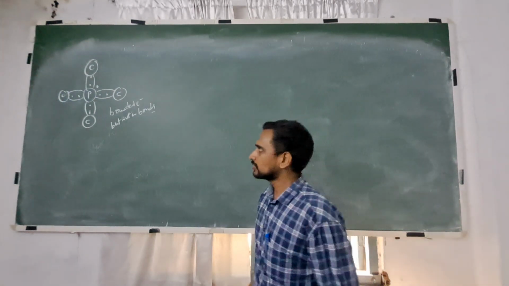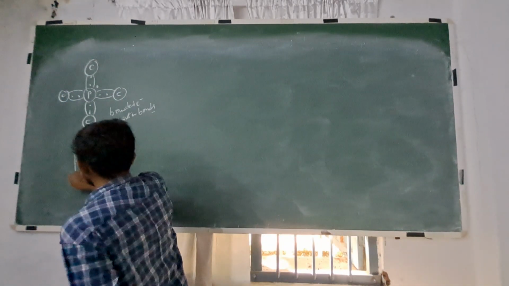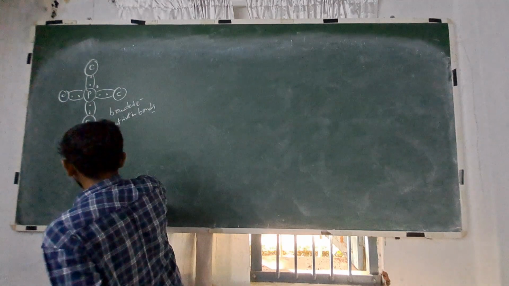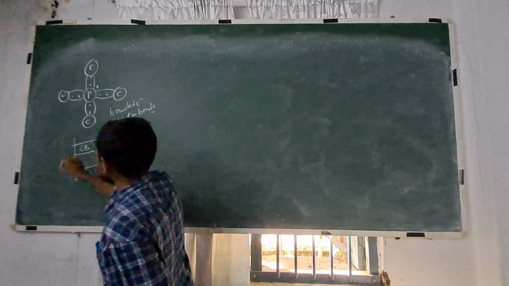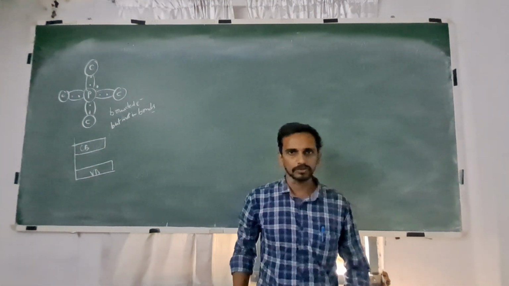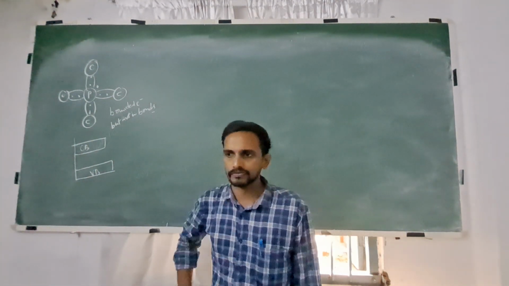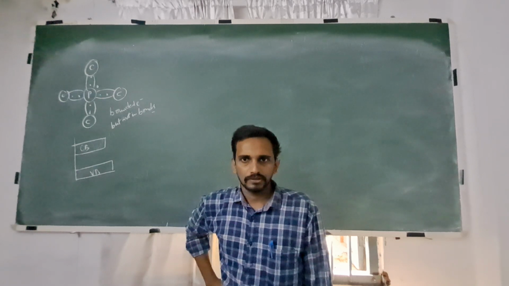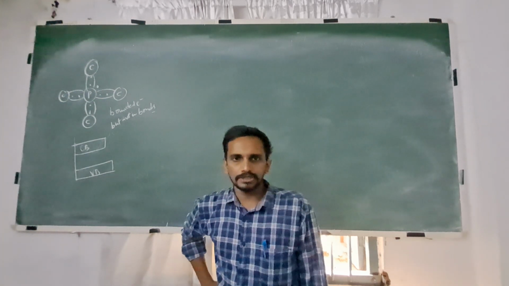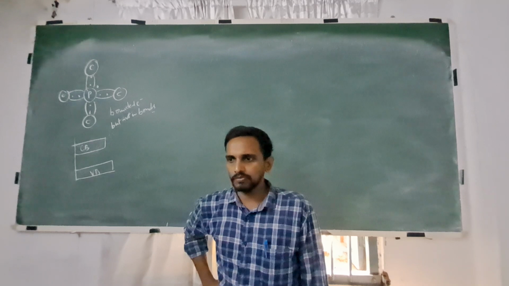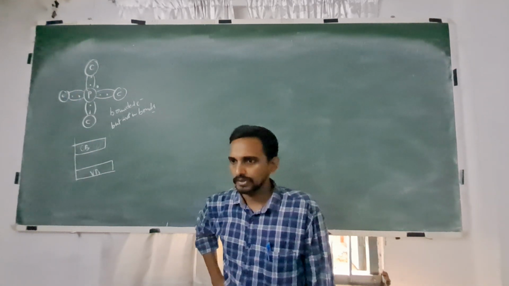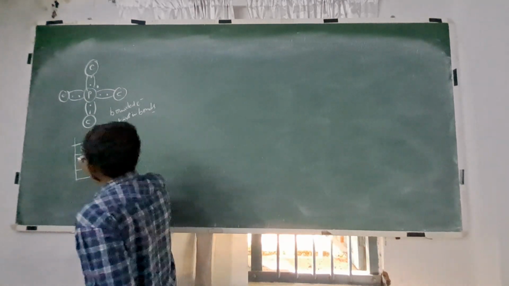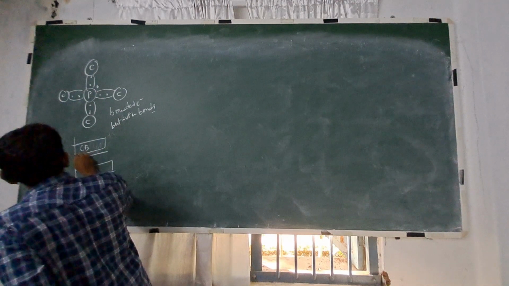Okay, so how to show the energy level of that? I call this the valence band and this the conduction band. Where shall we show the energy of that fifth electron? If I give little energy, I don't need to break any bond, it will be ready for conduction. So its energy is nearer to the conduction band.